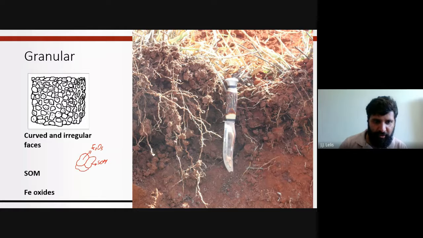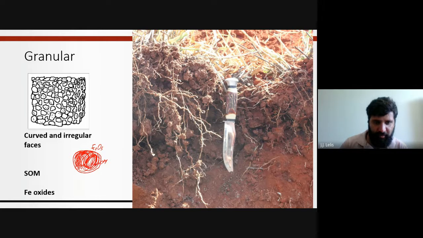And they generally are together and create a curved shape of this structure.